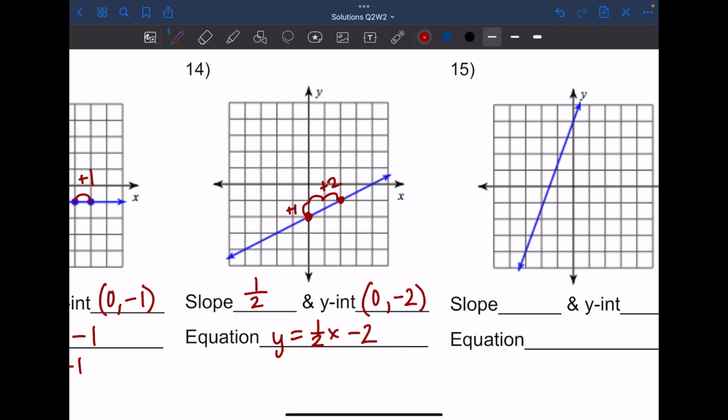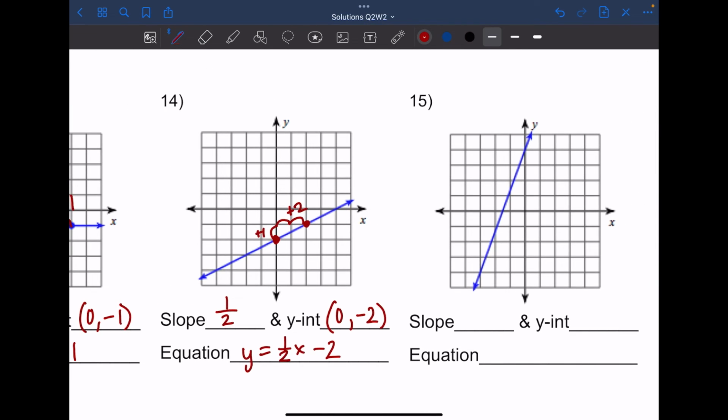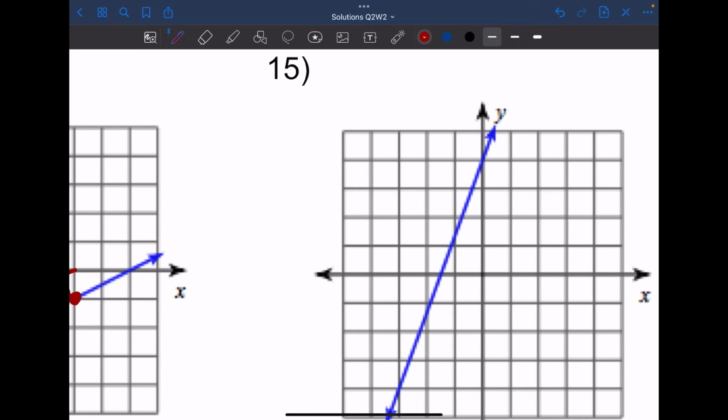And that's it. Number 15, we're going to do the same thing, identify some points of our own. I do see the y-intercept here, so I'm going to mark that one, but I don't see anything further to the right because it kind of goes up and off my screen. So I am going to find one here. There are some that it looks really, really close to, but the only one I can see for sure is going to be this point down here.